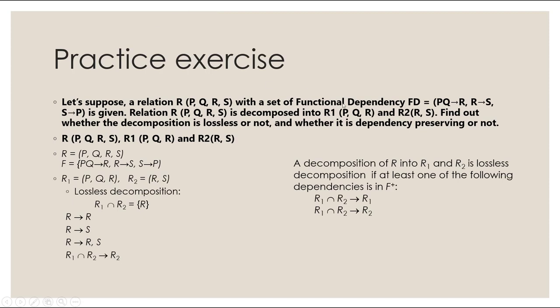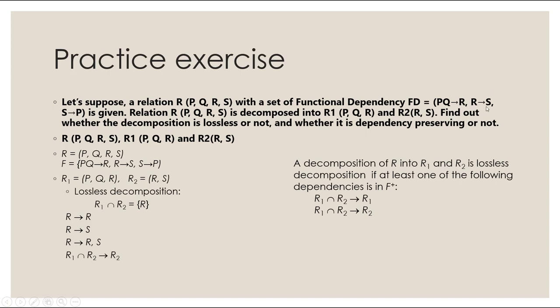Let's first look at the first portion, which is whether this is lossy or lossless. Looking at R1 and R2, what do they have in common? We have P, Q, R and S, so we have R in common. So we take the closure of R. With R, we know R, that's trivial. Let's see if we can get anything else using R. This one we cannot use because R does not appear on the left-hand side. This one we can use.